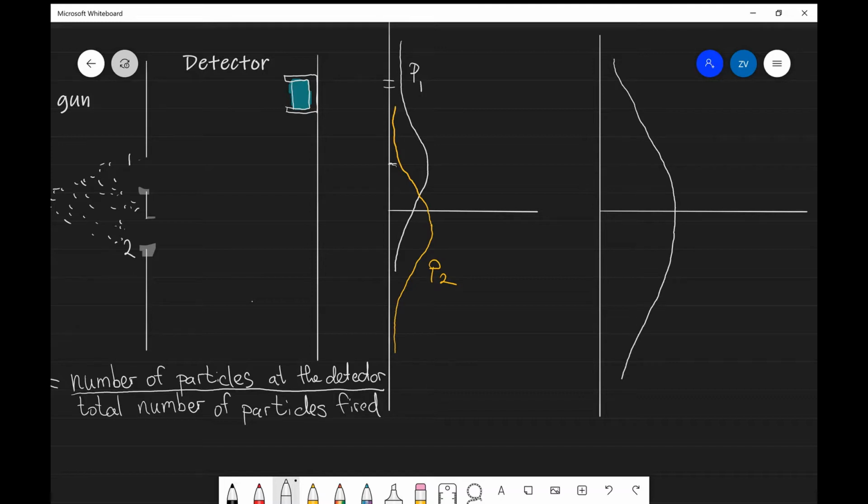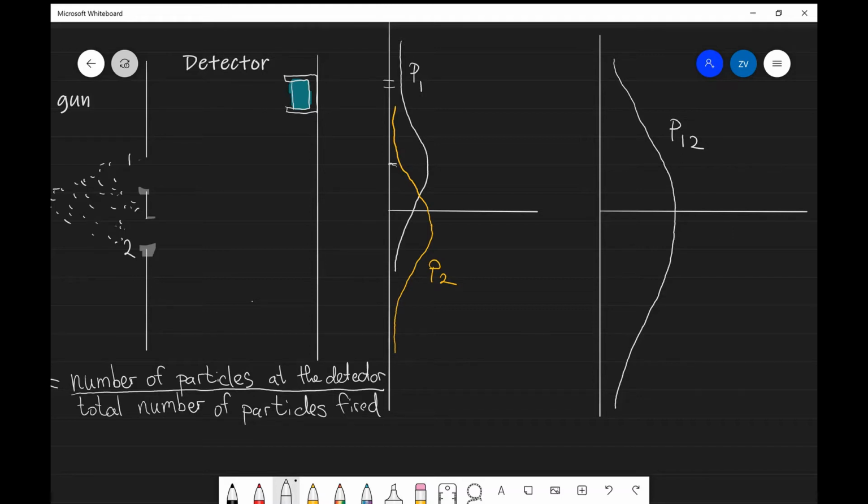I know that my sketch is not incredibly accurate, so I haven't mathematically added up the two curves. However, I'm just sketching this for illustration purposes. I'm going to call that curve P12, i.e. the probability with both slit number 1 and slit number 2 being open.